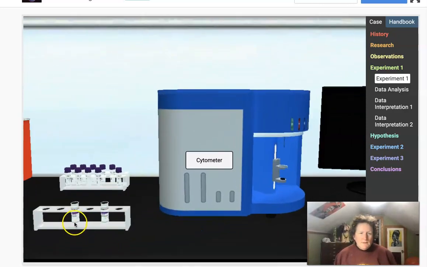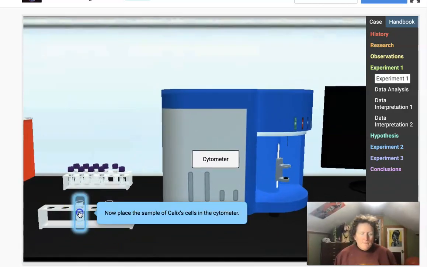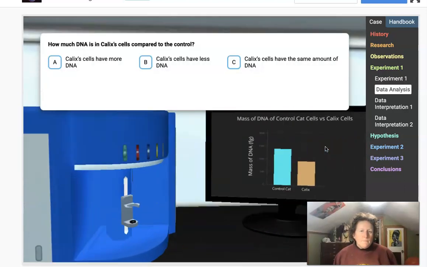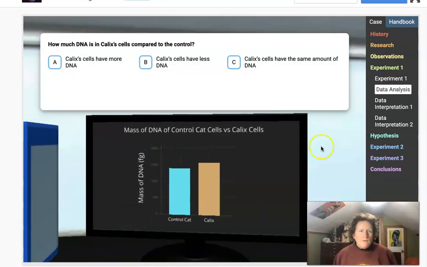Let's look at Calix's cells. So how much DNA in Calix's cells compared to the control?